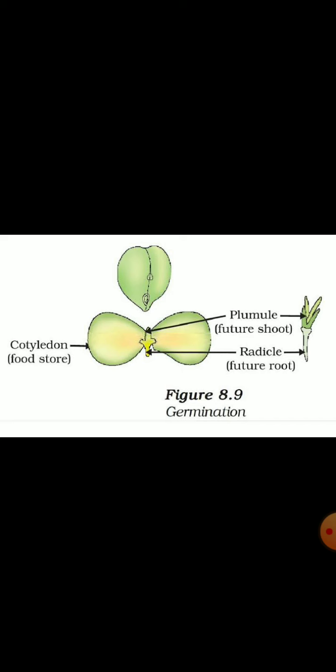So the seed contains the future plant. Here when we opened the seed, we saw a young plant, which is the future plant or embryo, which develops into a seedling under appropriate conditions. What is a seedling? A young plant raised from a seed.